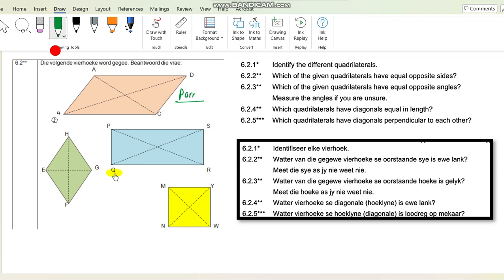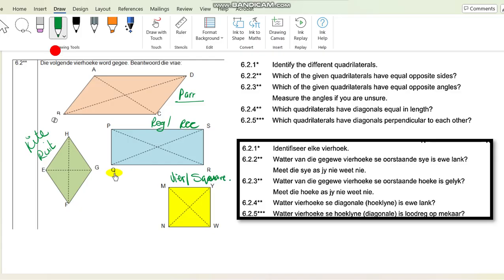We have a rechthoek or a rectangle. Then we have the kite in English. And then we have a vierkant or a square.